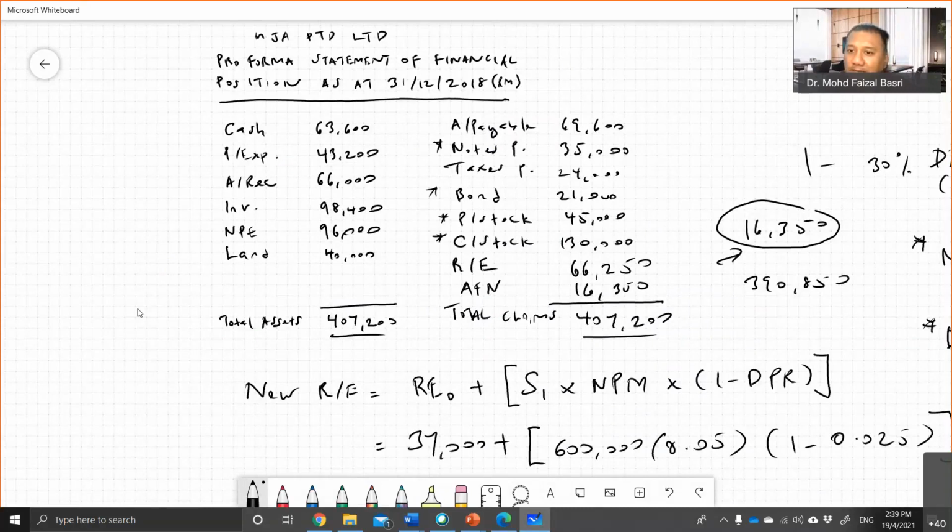So what happened? Our amount required is this amount. Instead of putting AFN here, we're going to increase our notes payable here. By how much? By this amount. So this amount will be absorbed by notes payable. And this will not exist. You're going to add 16,350 here. So for example, I delete this.